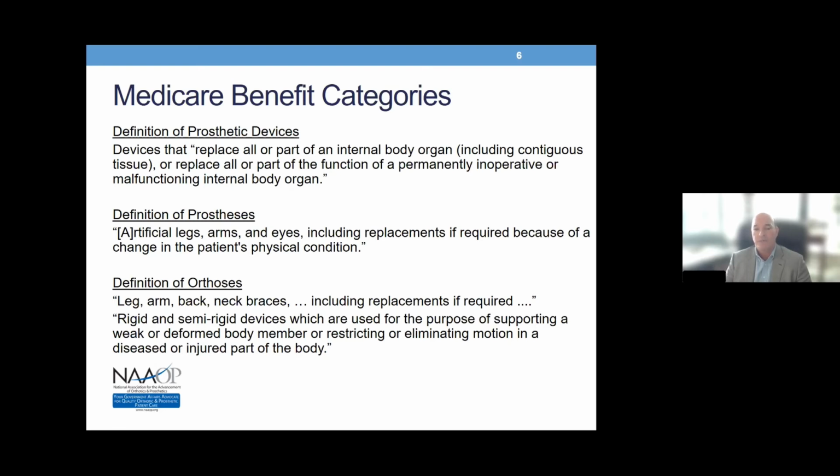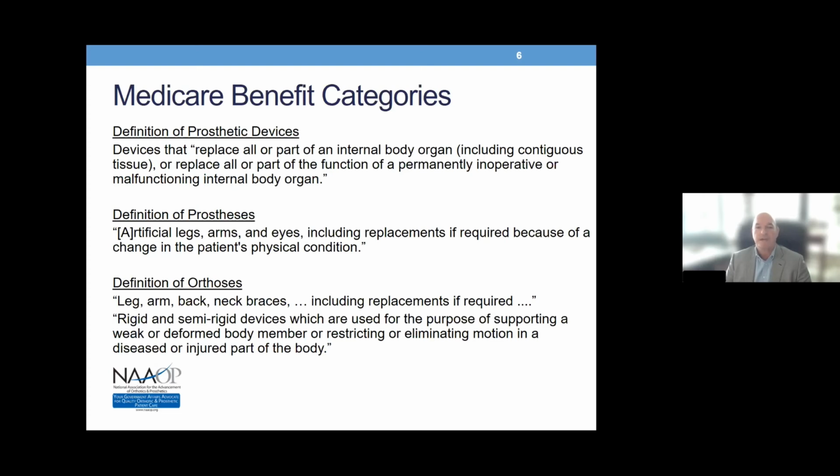So keep that definition in mind and note for a moment that really is talking about devices, artificial legs, arms, and eyes, and of course, replacements. That's different than saying prosthetic care or prosthetic services. Just keep that in mind. That's in the statute.